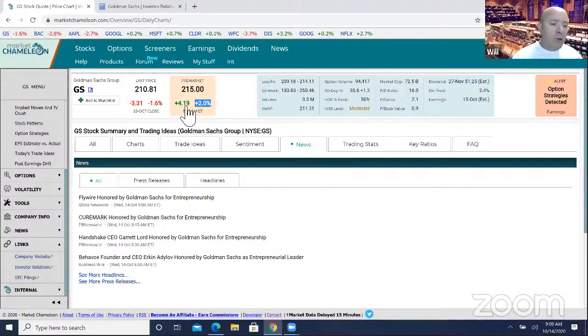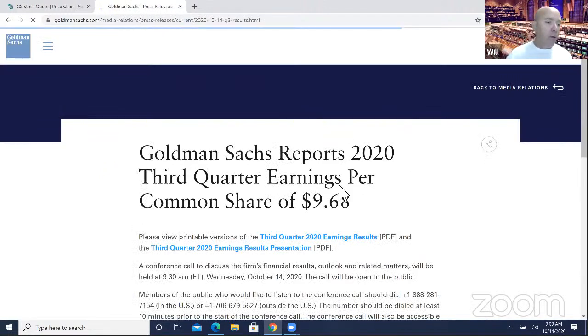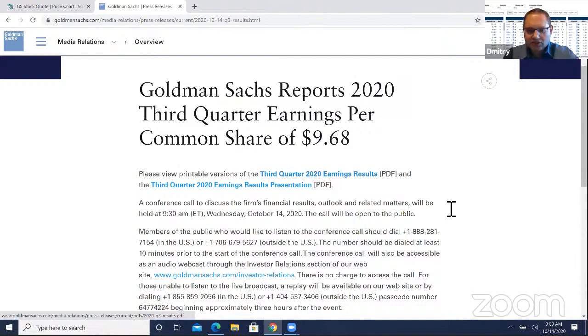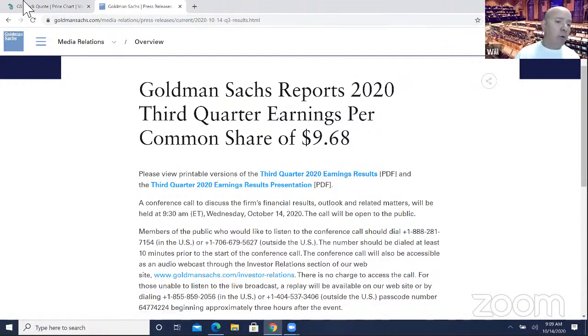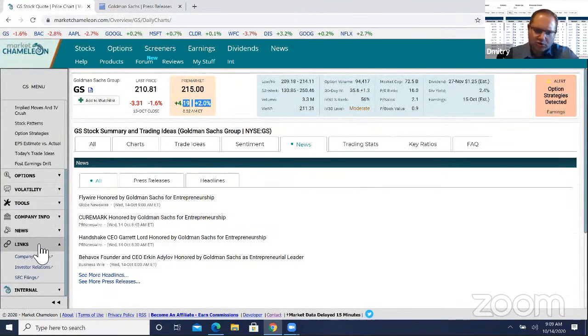So everyone who saw that, we're processing data, right? Dima just walked through the steps all traders should look to confirm. He showed all the links. You can actually link to the company's website from our site, which is nice. So whenever you have a question, you want to see if the company issued something to investors, you could go to these links, investor relations, company website.